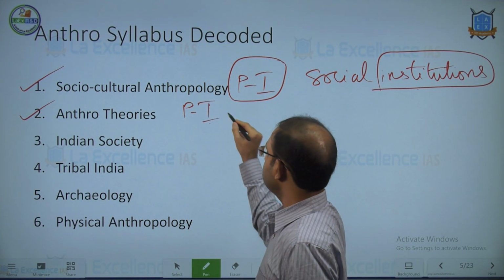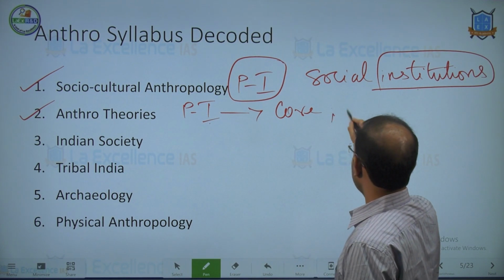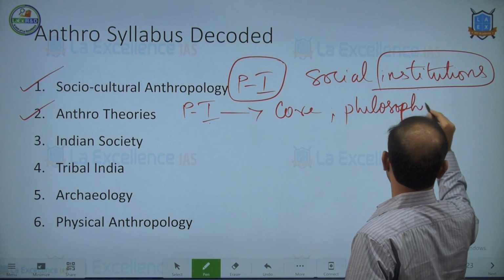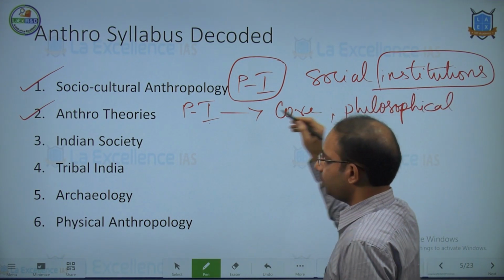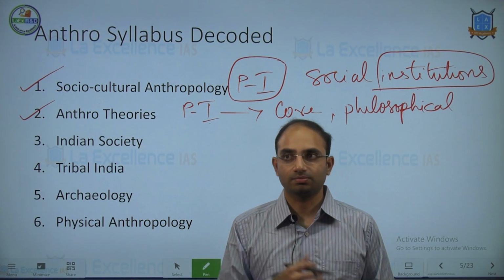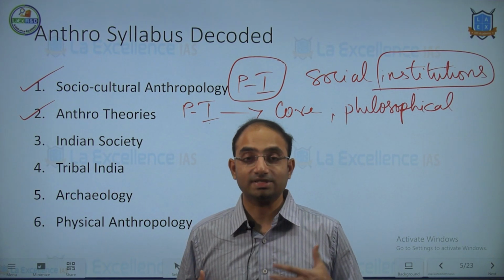And anthro-theories is actually the very core of anthro. It is what we call the philosophical aspect of anthro. Here in these theories, we will discuss the ideas of some people who contributed to the subject. We call them thinkers.